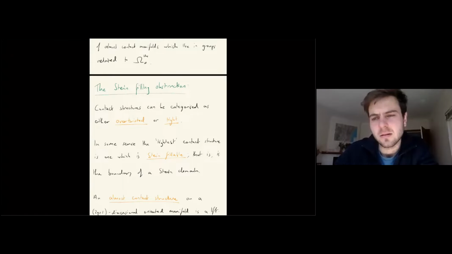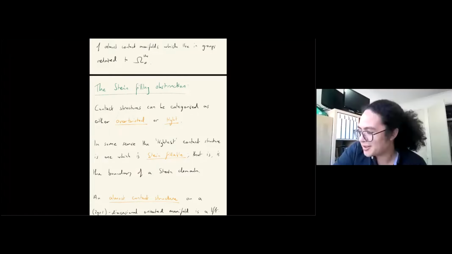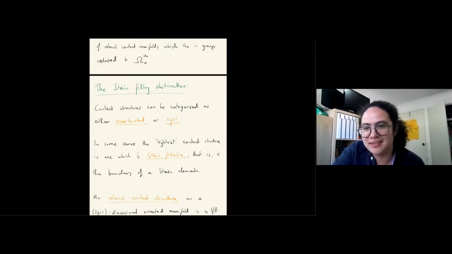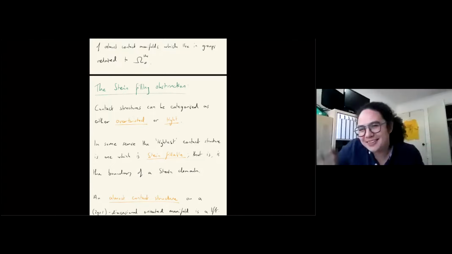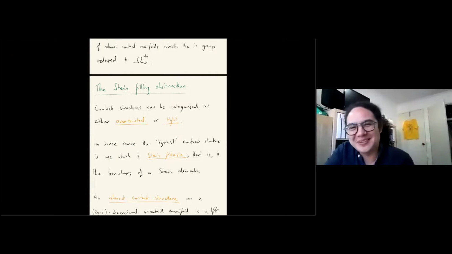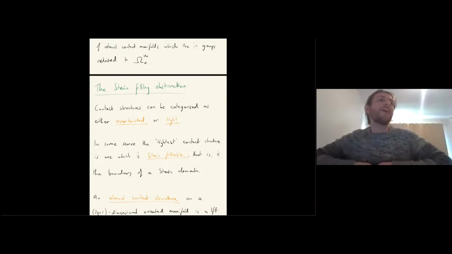Does the fact that mu 2 beta plus 1 is homotopy equivalent to mu have anything to do with Bott periodicity? A priori, it doesn't seem like it should, but the fact that it's 2. Yeah, it's a good question. I see where you're coming from.